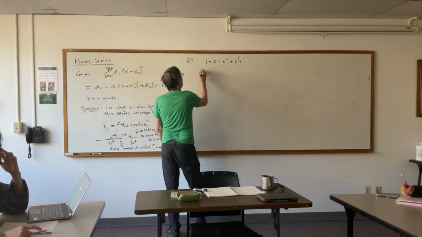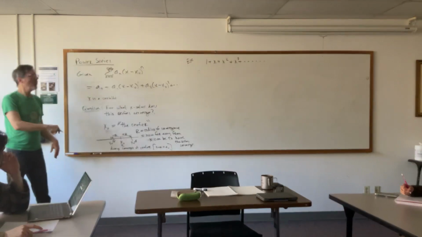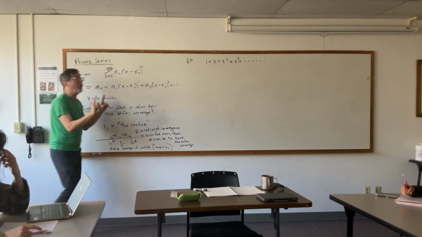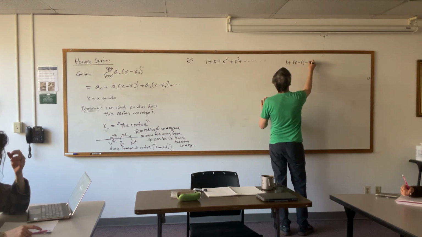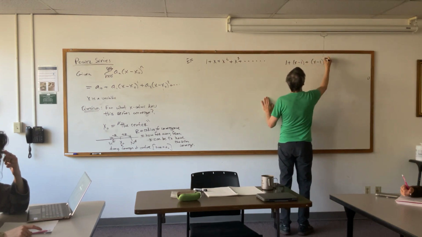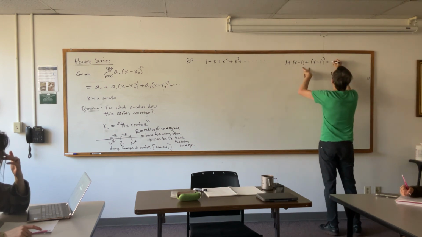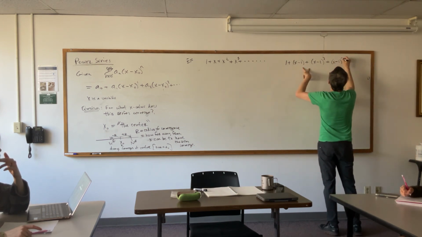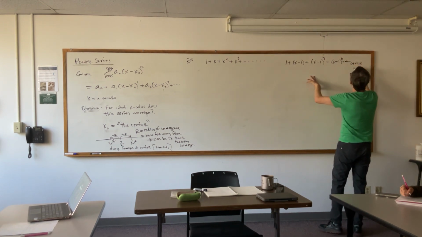So first off, what's the center here? If it was 1, it would look like this. So this series would have a center of 1. Notice how you see that quantity x minus the center all over. So this would have a center of x naught equals 1.